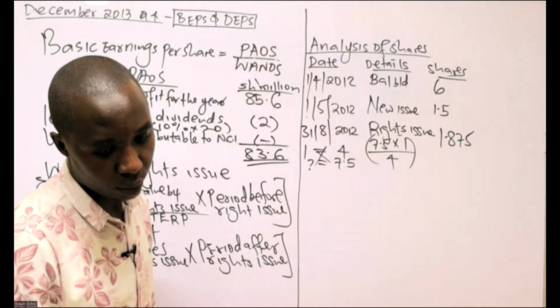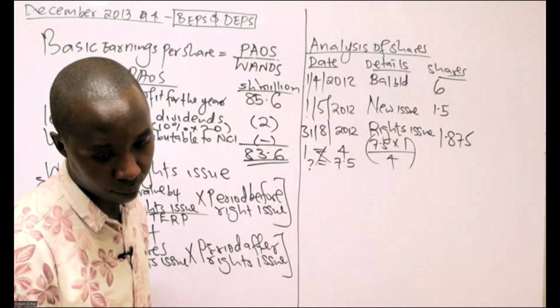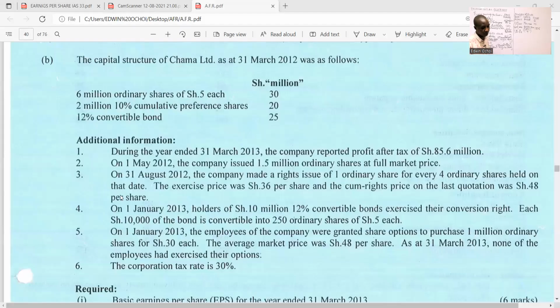So continuing to additional information number 4, they are saying that on 1st January 2013, holders of 10 million 12% convertible bonds exercised their conversion rights. Each shillings 10,000 of the bond is convertible into 250 ordinary shares of shillings 5 each. Convertible bonds are potential securities.